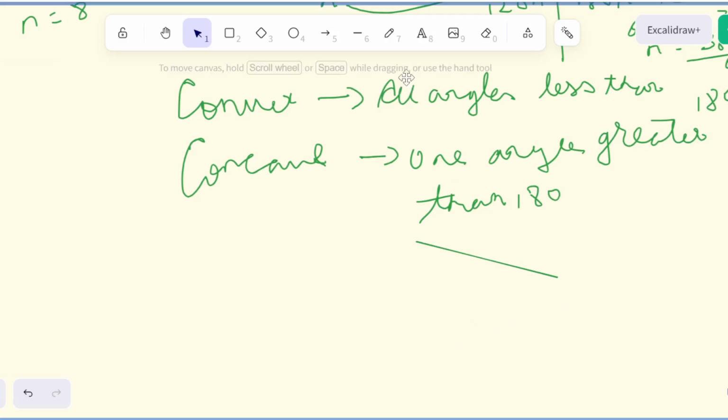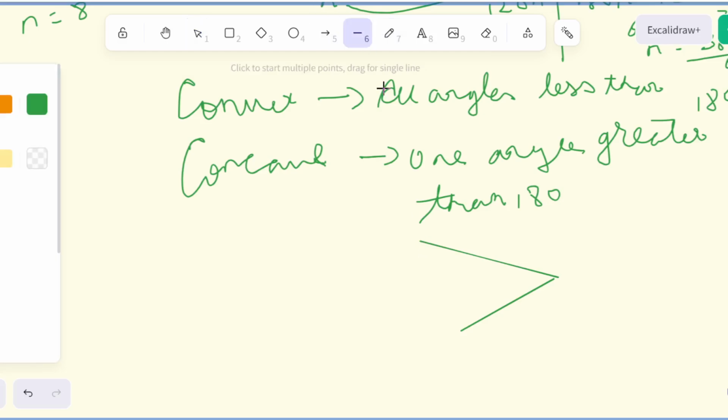Then you have this, then this, then this. This is also made up of straight lines, right? But this angle is greater than 180. This is a reflex angle, so this makes it concave. This is a concave polygon.